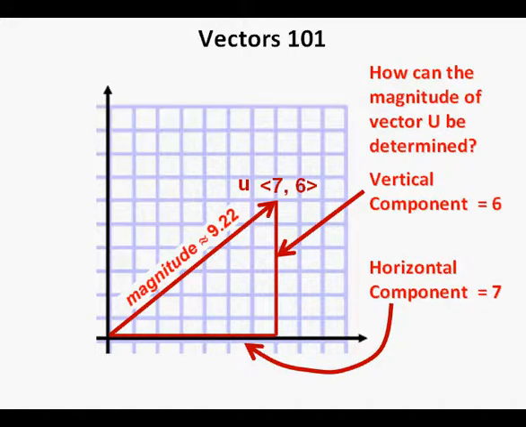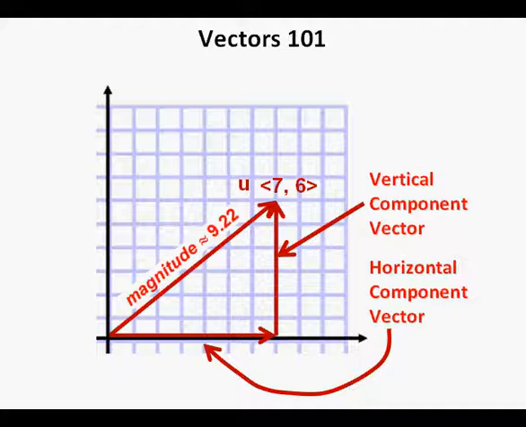This vector u can be resolved into horizontal and vertical component vectors, and here the horizontal and vertical components are drawn as component vectors. The horizontal component vector can be labeled u sub x with this little x to the right of the u, and the vertical component vector can be labeled u sub y.